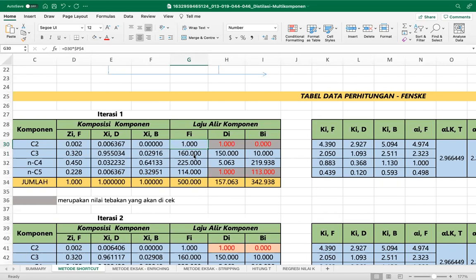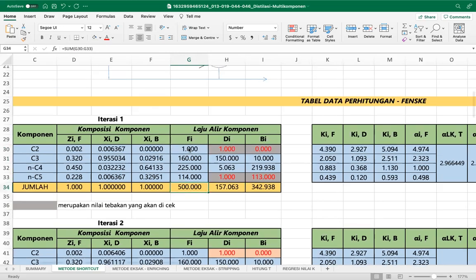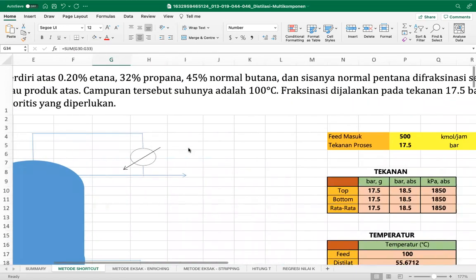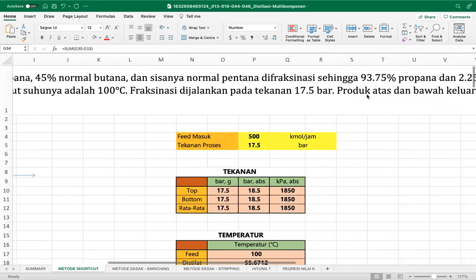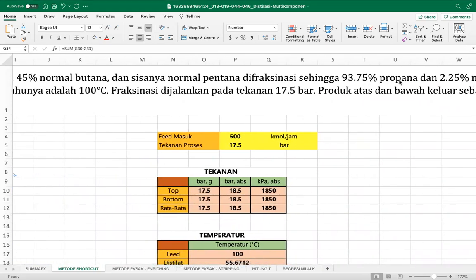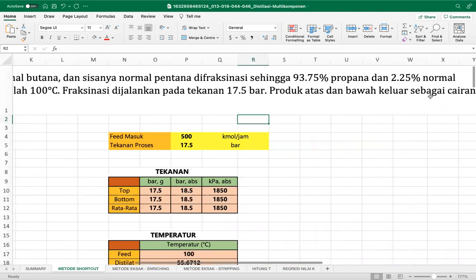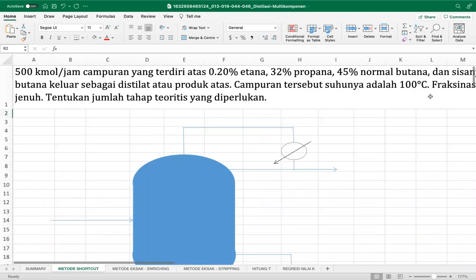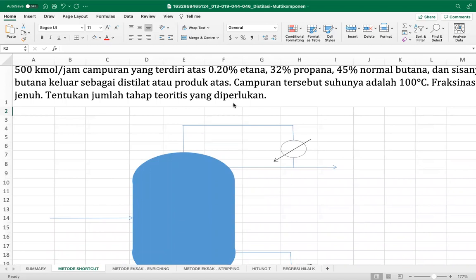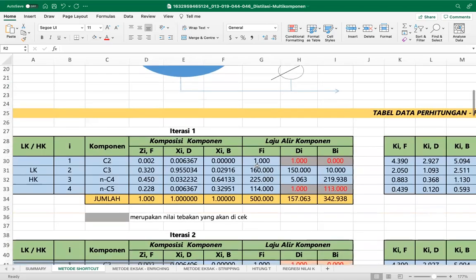Now, based on the problem here, 93.75% of propane and also 2.25% of normal butane will go out as the distillate. So we just need to calculate based on the feed. 93.75% multiplied by G31, which is the feed.